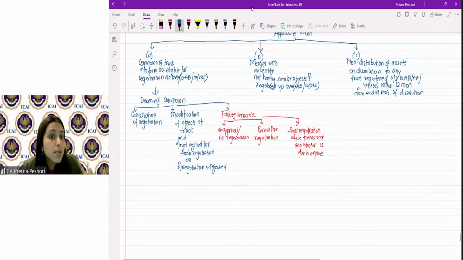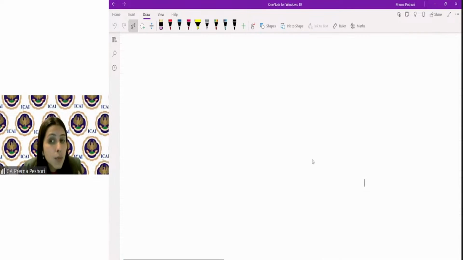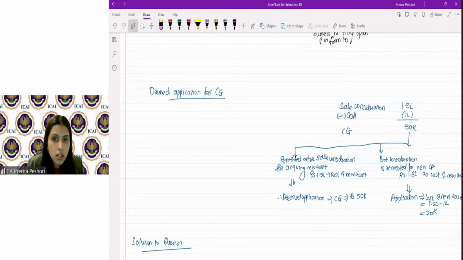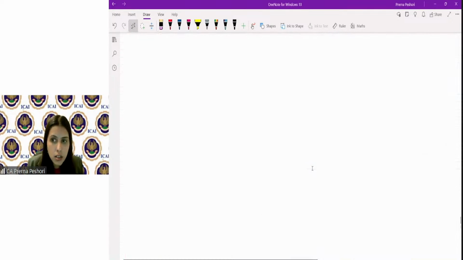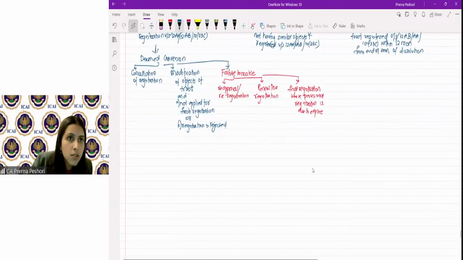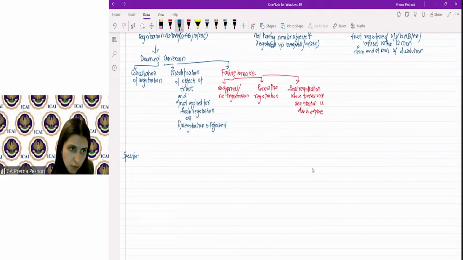Now, what is the specified date on which the exit tax will be applicable? Just write down, specified date.